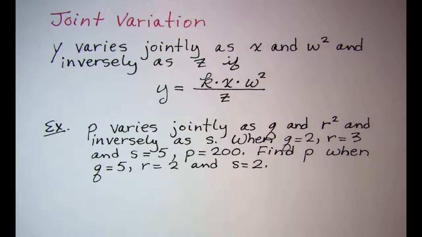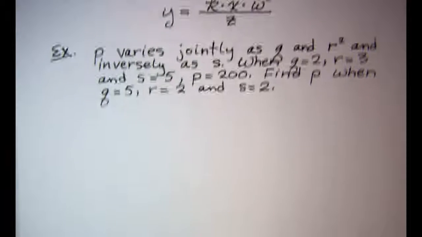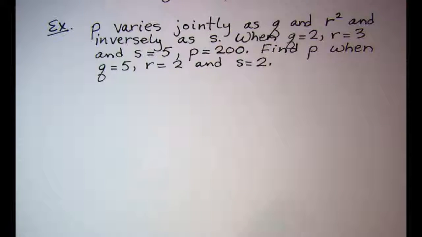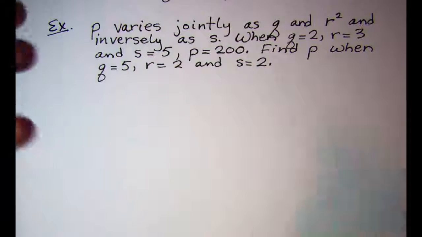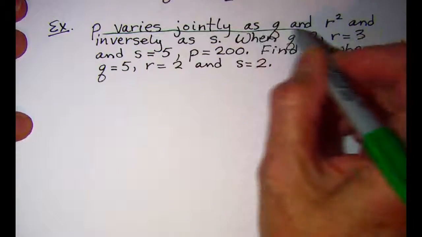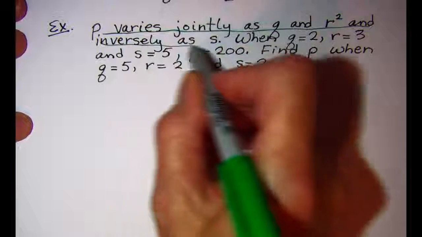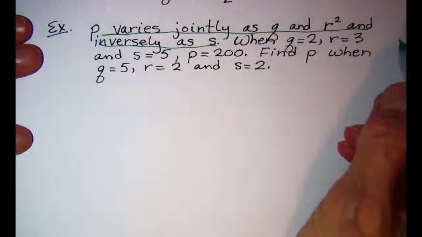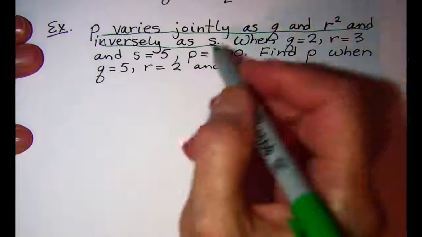For an example of joint variation, P varies jointly as Q and R squared and inversely as S. This first part of our problem is what we'll take our equation from.